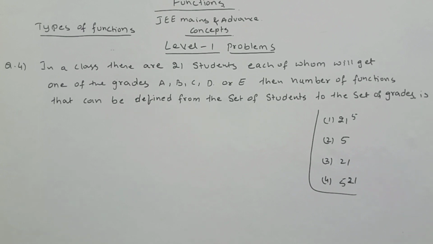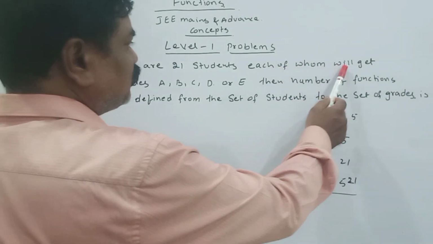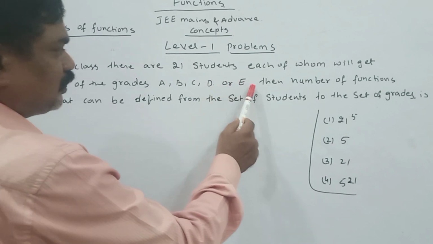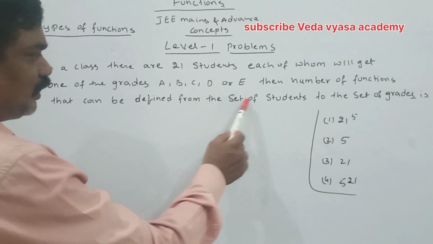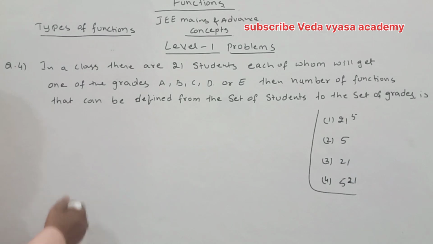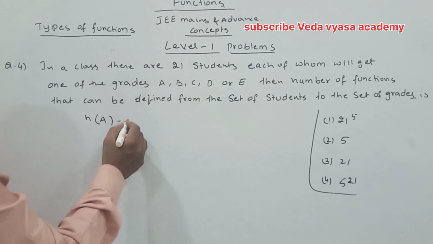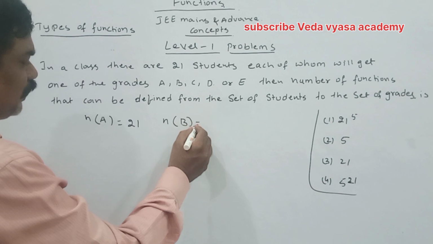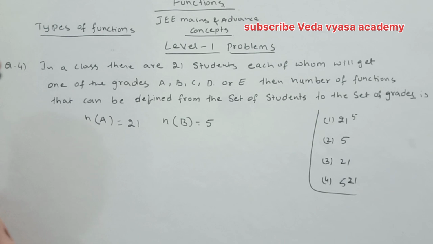Here we have the problem. In a class there are 21 students, each of whom will get one of the grades A, B, C, D or E. Then the number of functions that can be defined from the set of students to the set of grades is? These are the options given. So the number of students in A is 21. The number of grades in B is 1, 2, 3, 4, 5, so 5 grades are there.